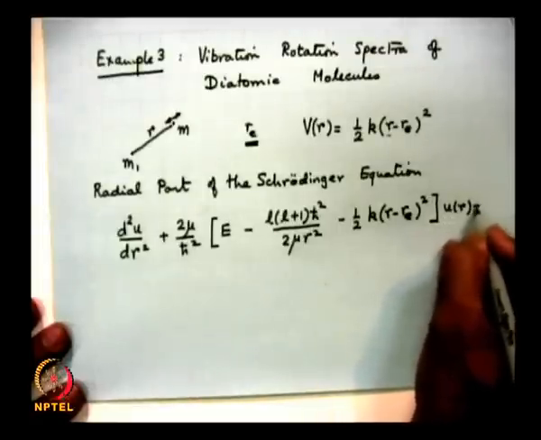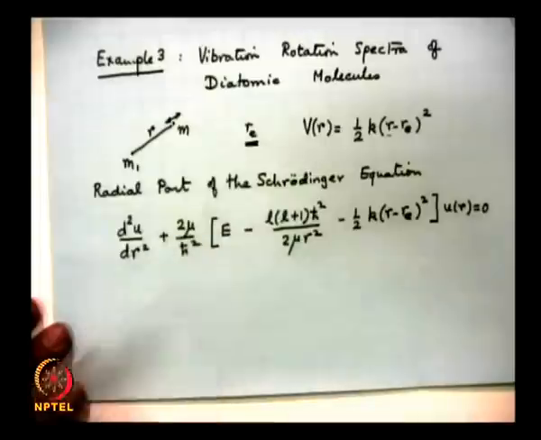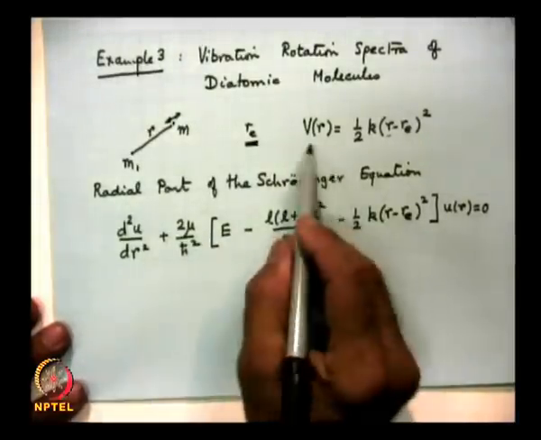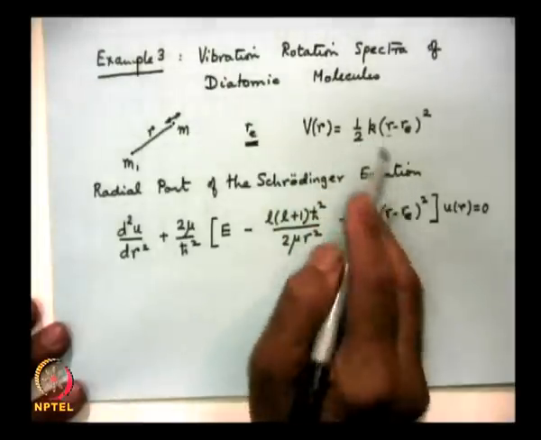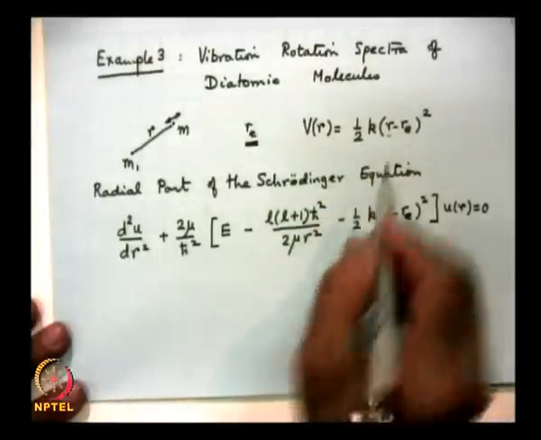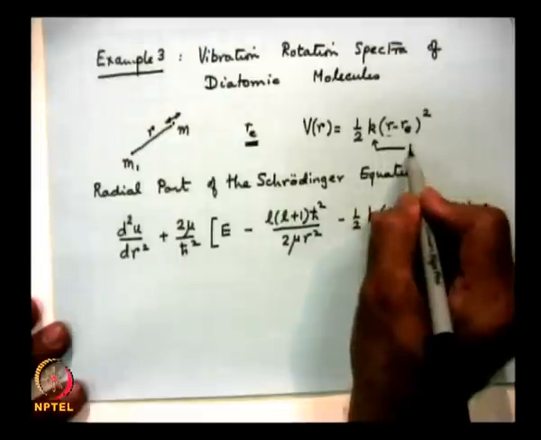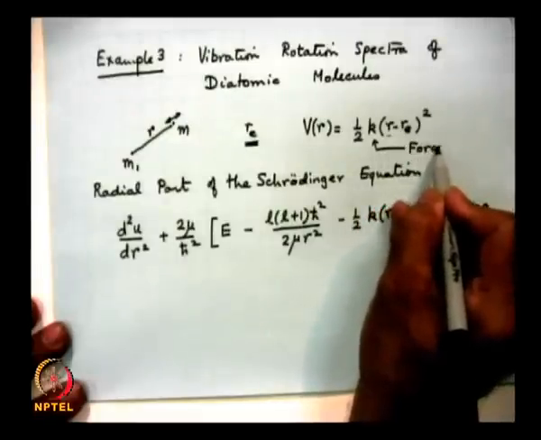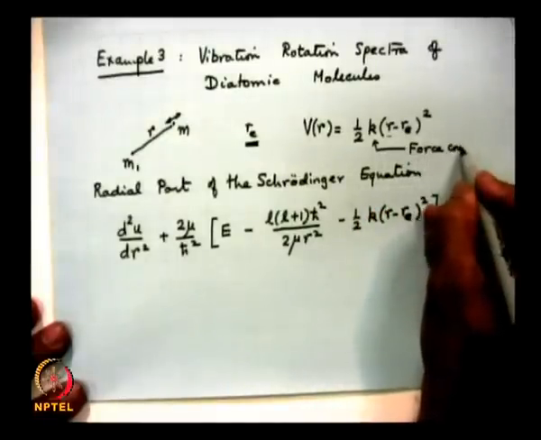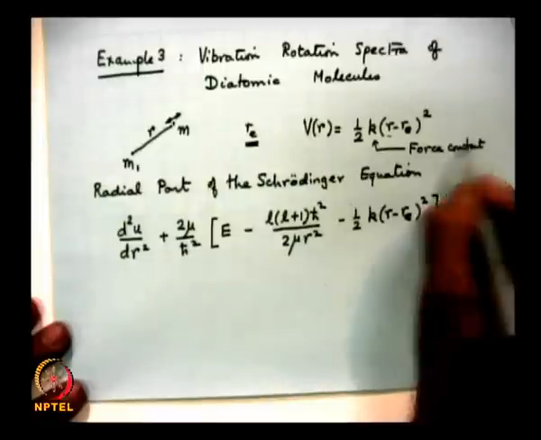This is the Schrodinger equation describing two atoms which are held together by a Hooke's law type of force, such that the potential energy is half k (r minus Re) whole square. This k is known as the force constant.